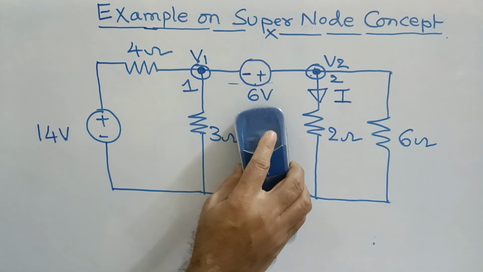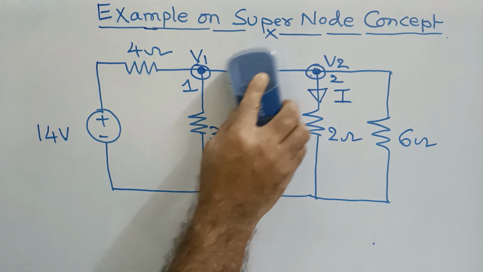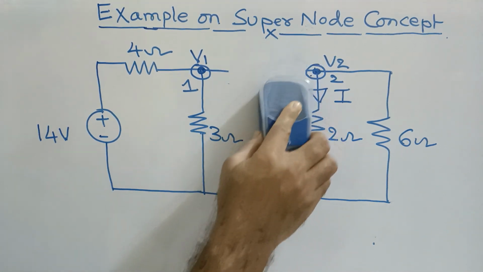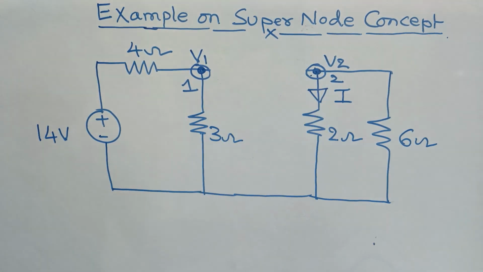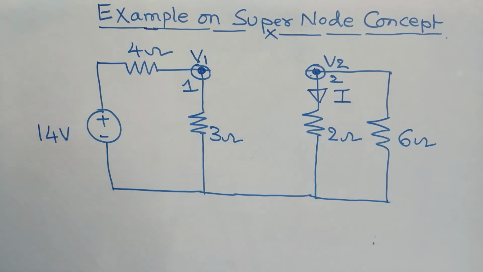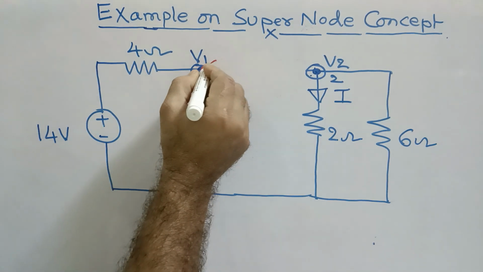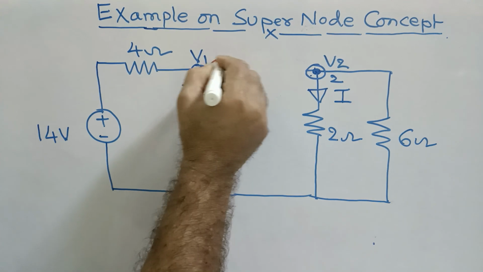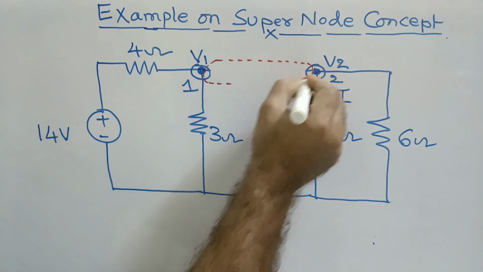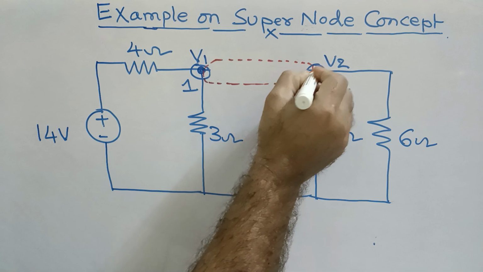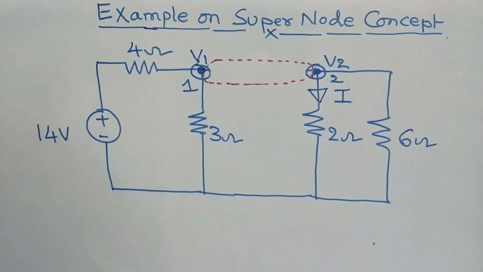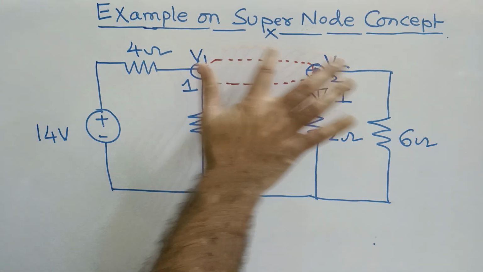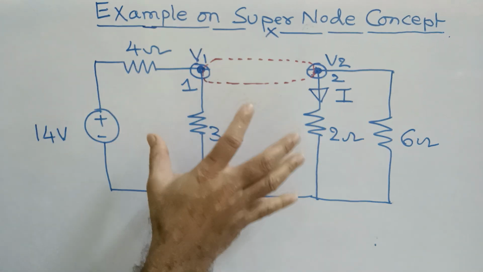Now I am disconnecting this particular 6-volt voltage source. I am explaining the solution part of it. You disconnect the 6-volt source, then put a dotted mark there, no problem. Assume that the whole circuit is still in contact.